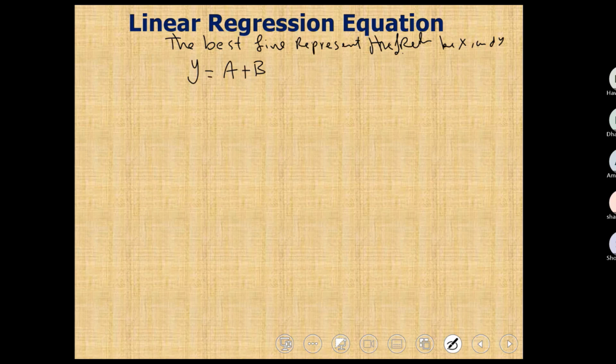Okay. Whatever is in front of x with the sign, we call the slope. For the b value, you don't care about the value itself. You care about the sign of b. Why?